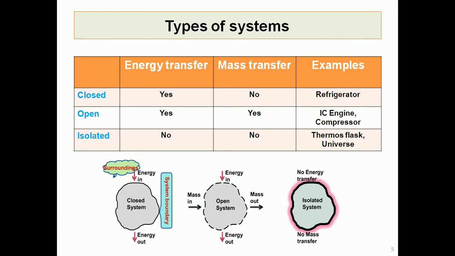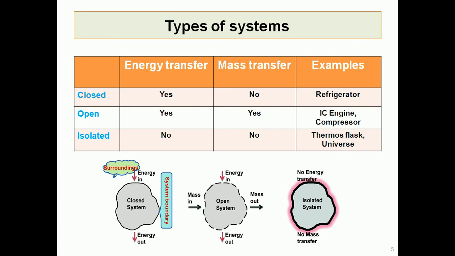Types of thermodynamic systems. There are three types of thermodynamic systems: closed system, open system and isolated system. So what is closed system? Closed system is the one in which energy can cross the boundary of the system. That means it can go out of the system or come into the system, but mass transfer is not possible between system and surroundings.